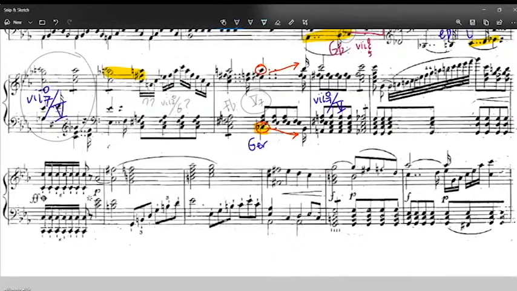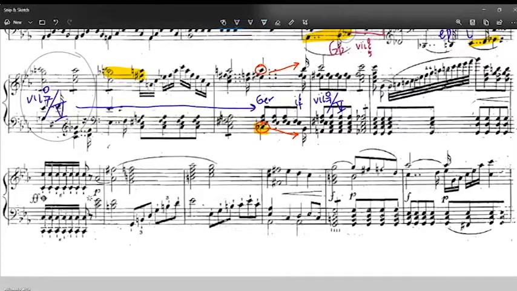If you just leave everything in E flat, the 7 of 5 went to, instead of going directly to dominant, went through the German. Okay, there was no need for all this.